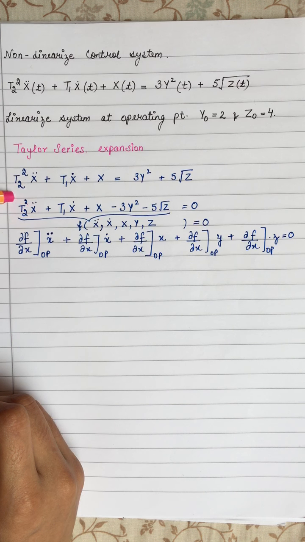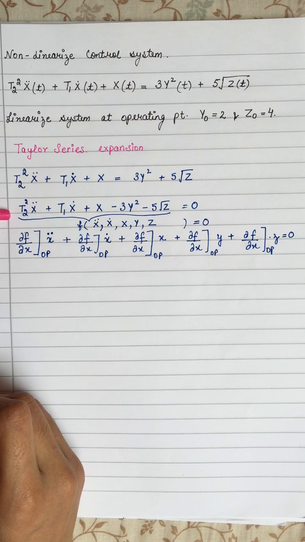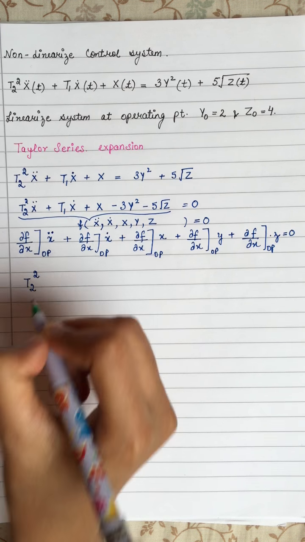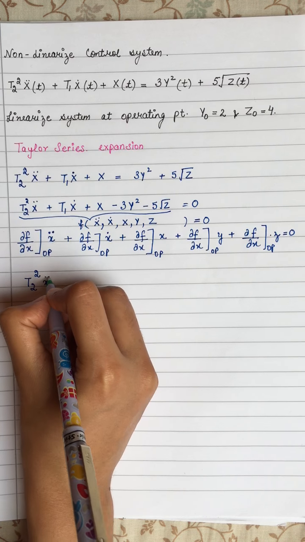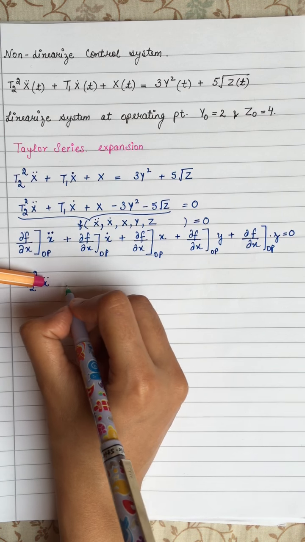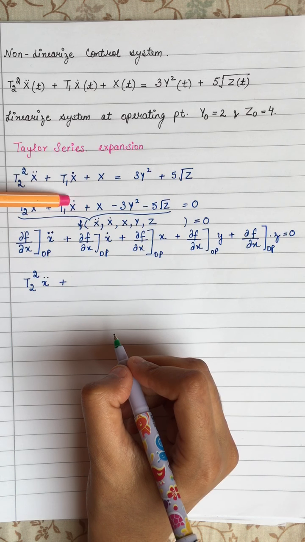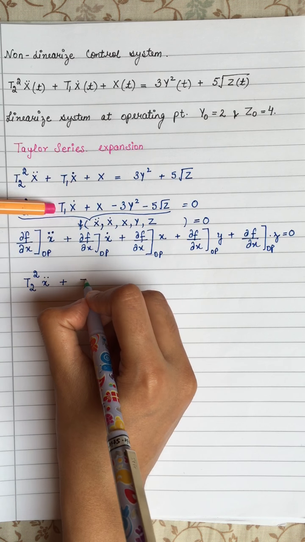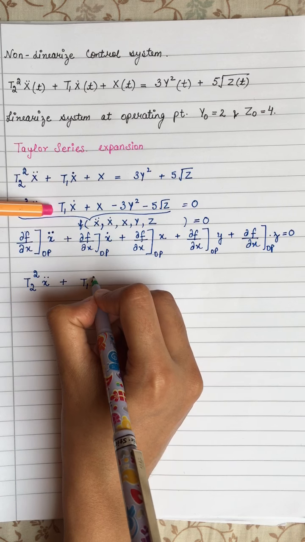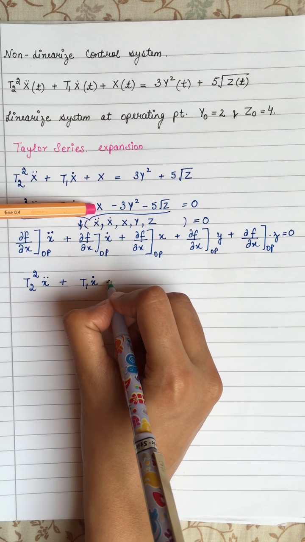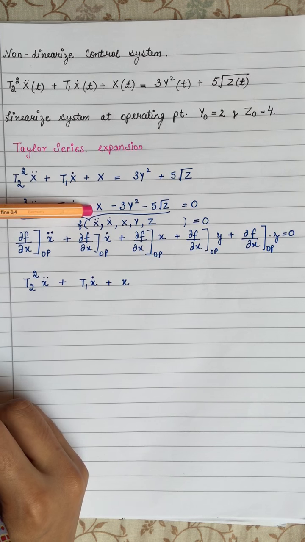Now in this whole equation, wherever we got x double dot, we have to operate on it. The partial differentiation of a constant is a constant, so it will be t2 square into x double dot. Now plus, how many terms got x dot? This one. Again it's a constant, so it will be t1 x dot. Now with respect to x, we got only one x, so it will be x.